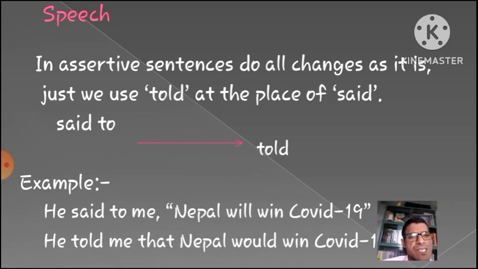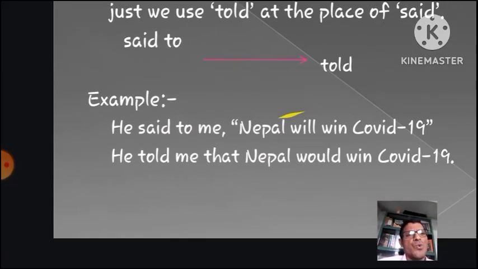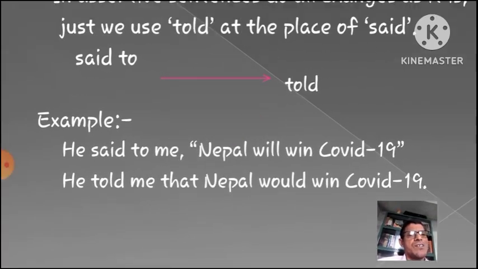Here the example is: He said to me, "Nepal will win COVID-19." This sentence is an assertive sentence, and it is in direct speech.